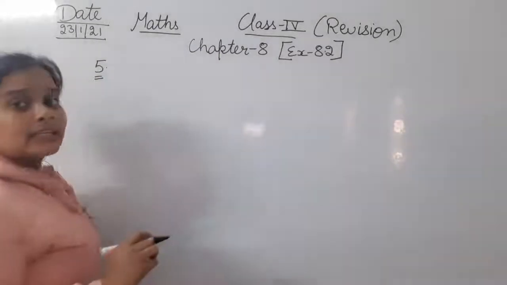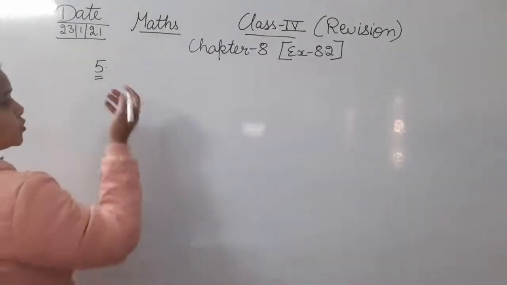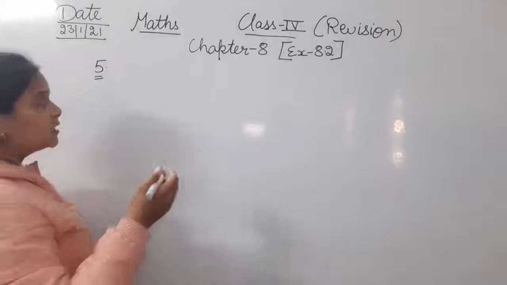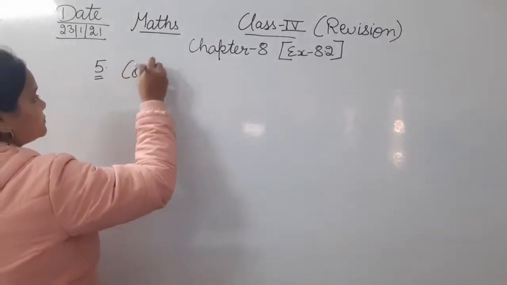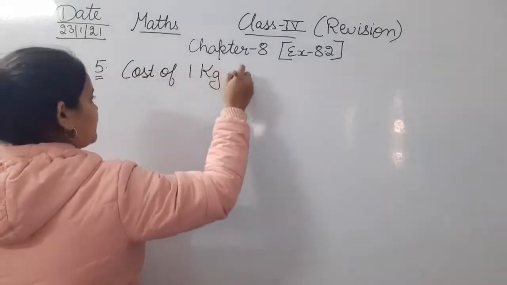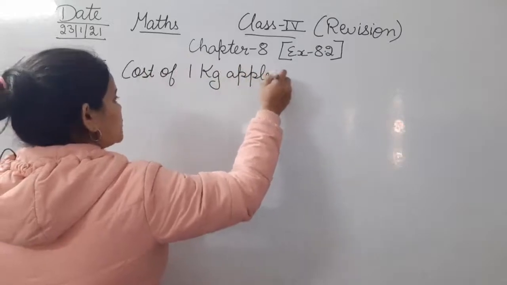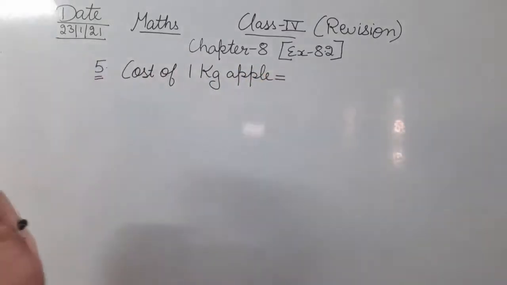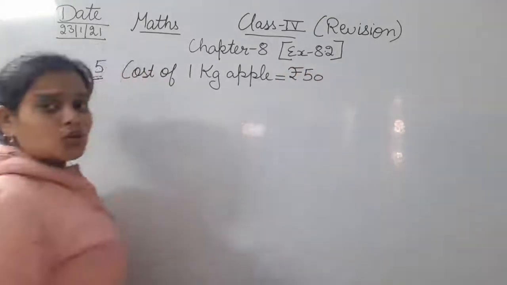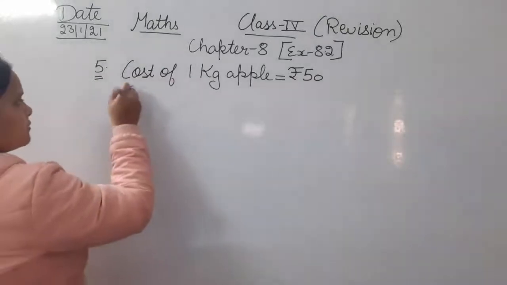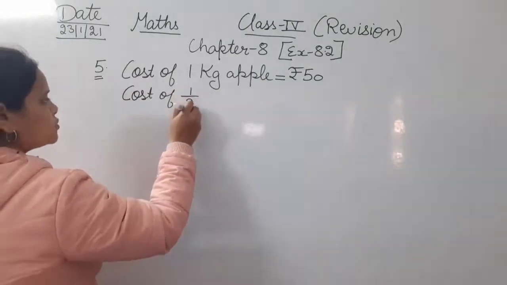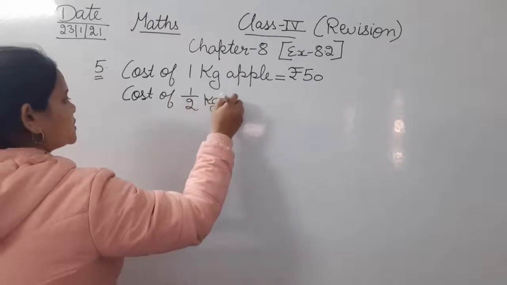First of all, we will write the statement as we usually do. The things that are already given to us, we write first. The cost of 1 kg apple is equal to rupees 50.